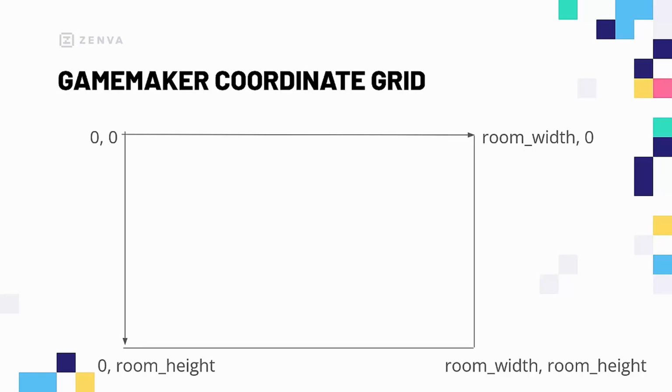So no matter the size of the room, you'll know that room width corresponds to the end of your screen. Same with y, where y starts as 0 as you're at the top, but as you go down, it increases until it eventually reaches room height. And when you're in the exact bottom right corner, your x is at its maximum of room width and your y is at its maximum of room height.